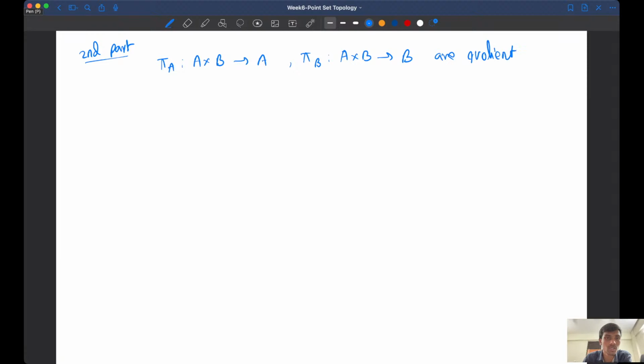The topology on A cross B, the product topology, comes from this, so that's why they are continuous maps. And A cross B is locally connected implies A and B are locally connected.